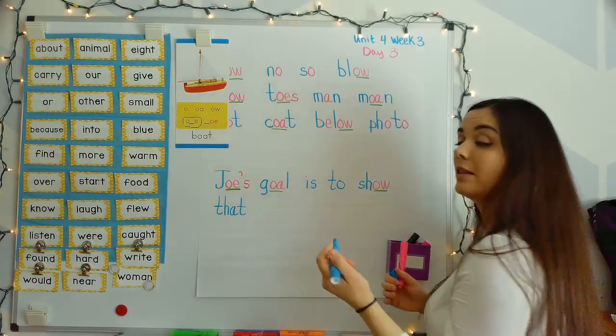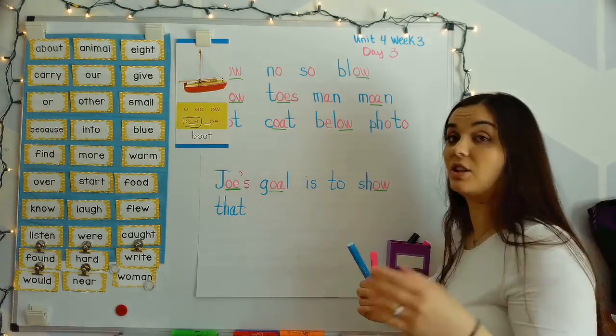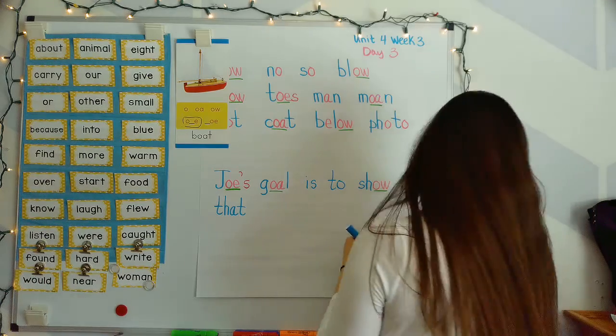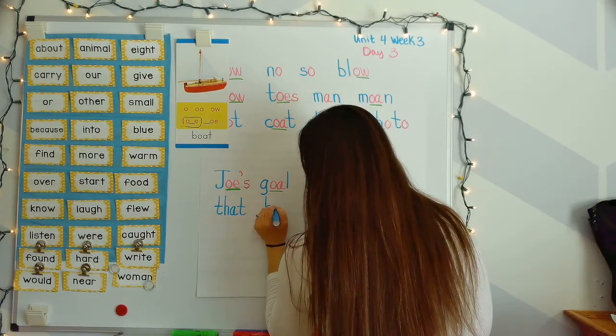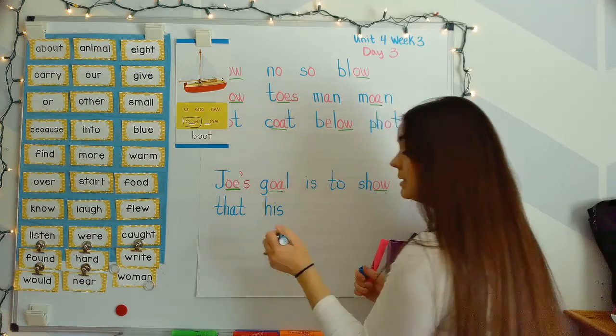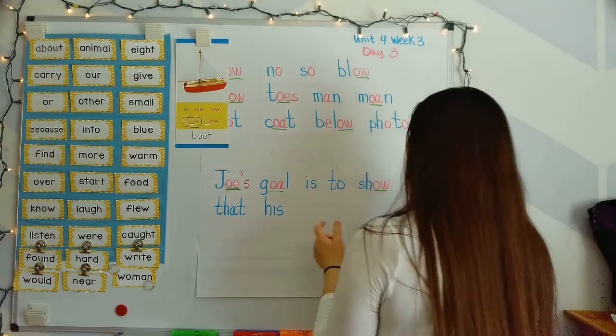High frequency word that, which you won't ever be able to sound out. It's just THAT, that. His, you can sound this out, is his, pretty sure it's a high frequency word.